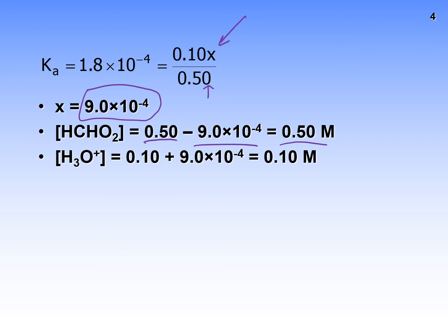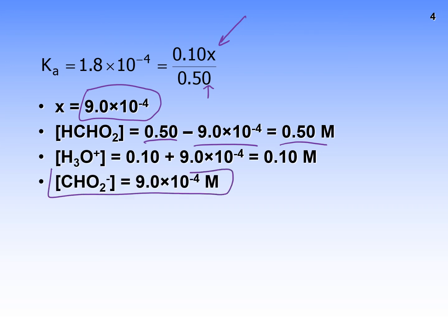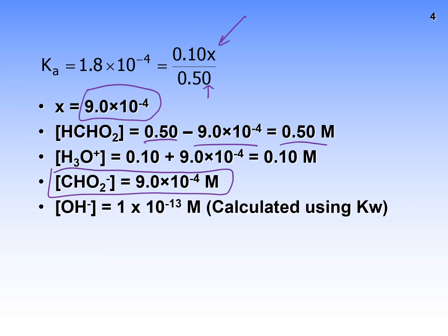H3O plus, 0.1 plus 9 times 10 to the negative 4, is still pretty much 0.1. Really, the only reason why we had to do that ice table was to figure out what x was, because that's what our formate concentration is, or our conjugate base concentration is. We can also calculate the OH minus concentration if you wanted to, right? We know Kw is equal to H3O plus times OH minus.